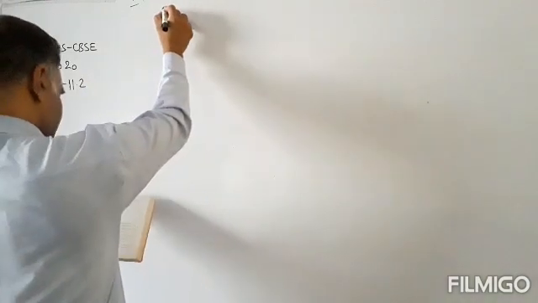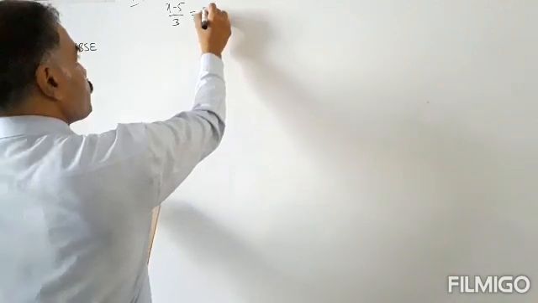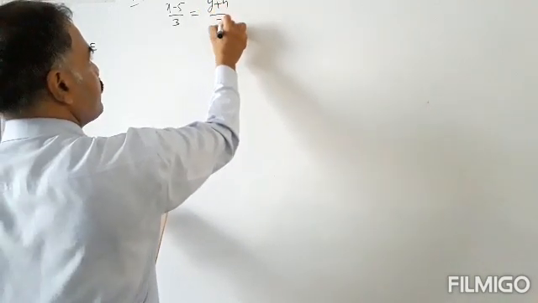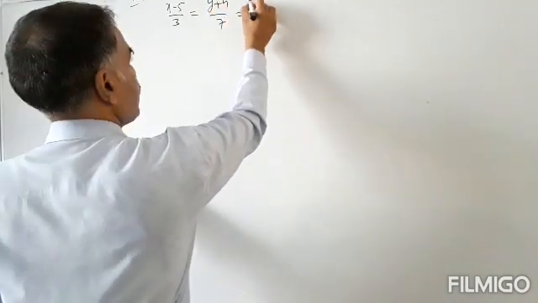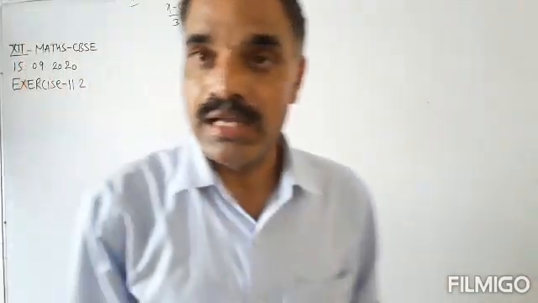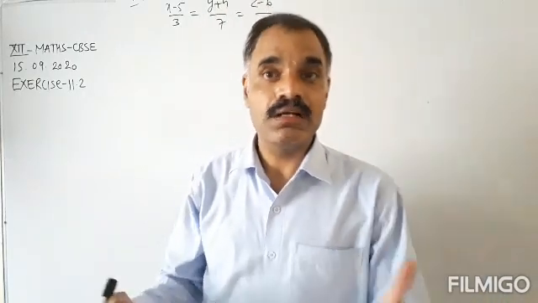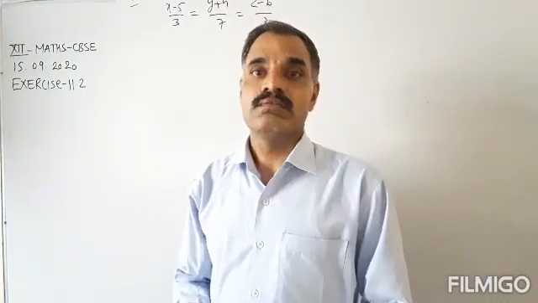The Cartesian equation of the line is (x minus 5) upon 3 equals (y plus 4) upon 7 equals (z minus 6) upon 2.